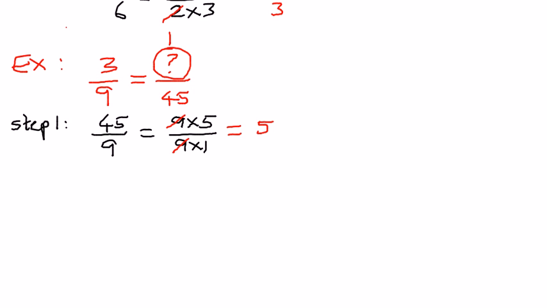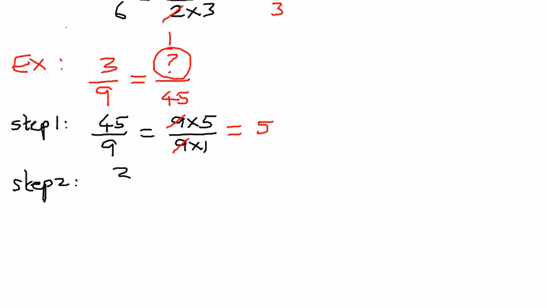In the second step, we're going to multiply the numerator and denominator by this number 5.